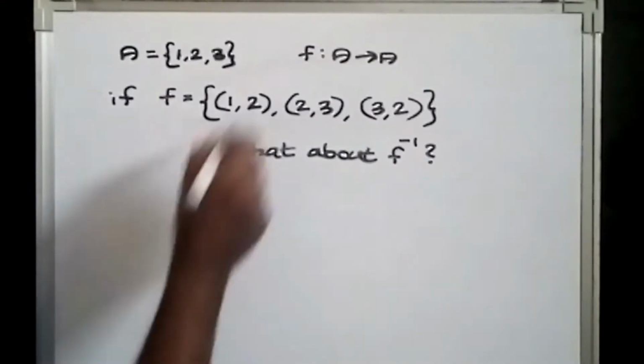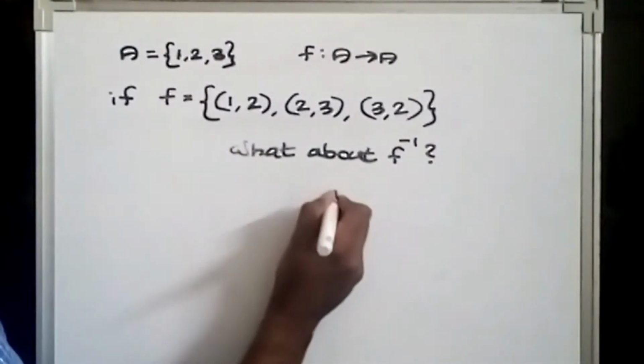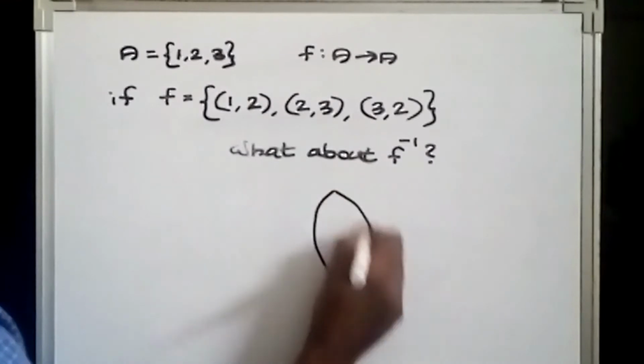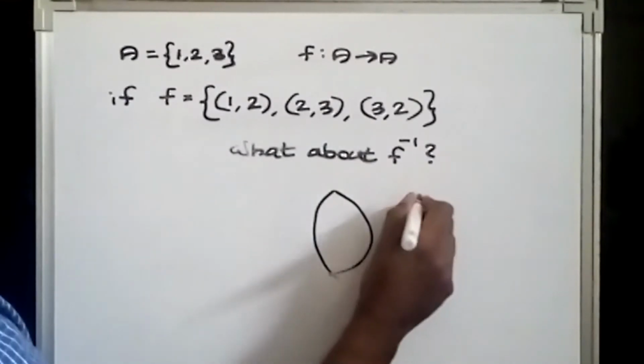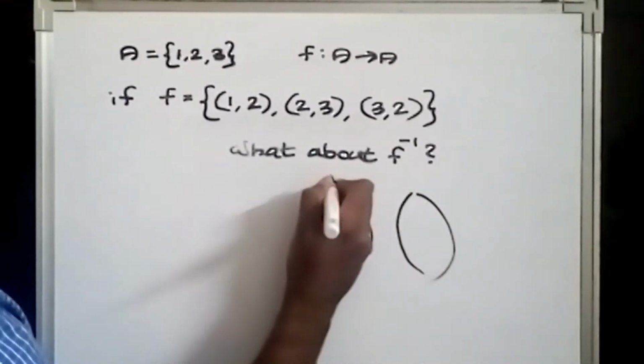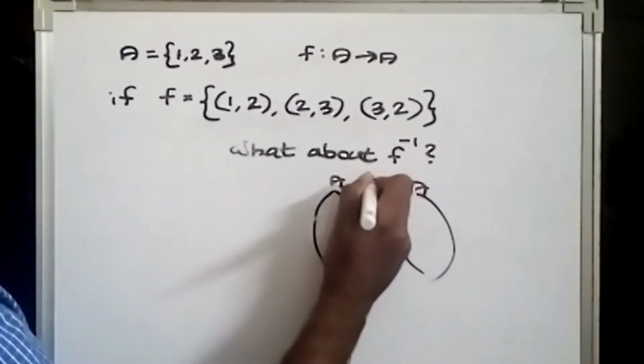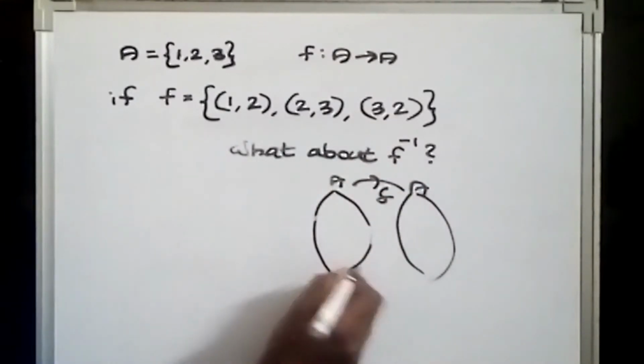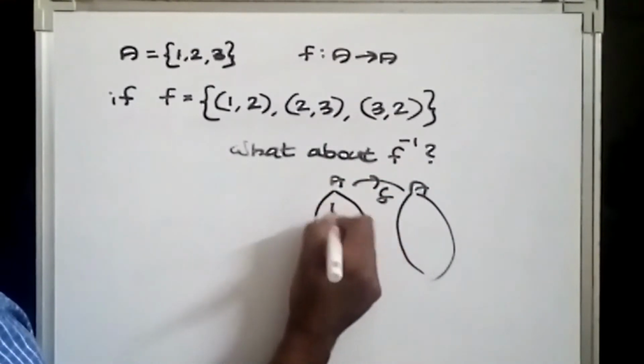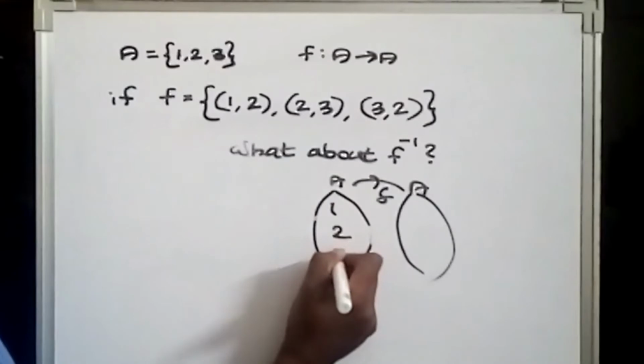See, let us draw its arrow diagram. Function F is defined from the set A to the set A, and A contains the elements 1, 2 and 3.